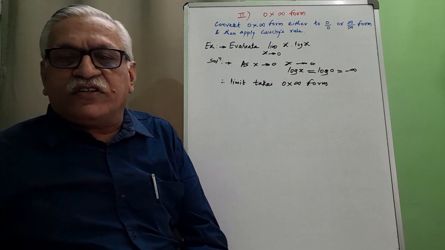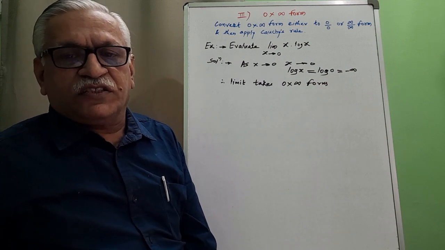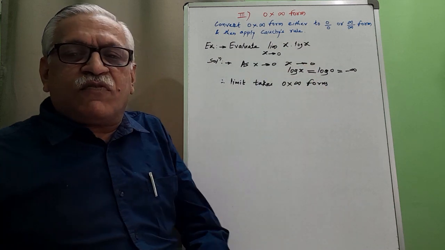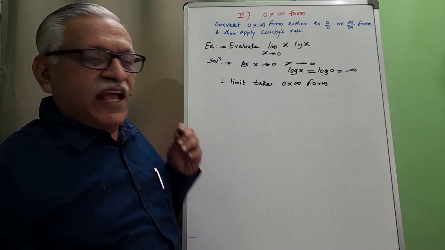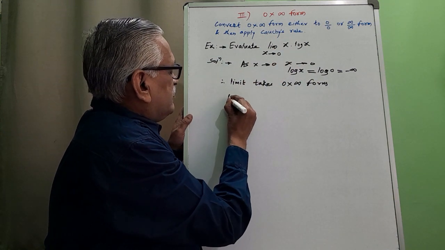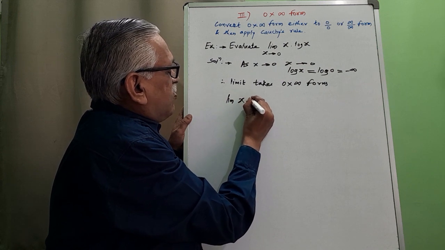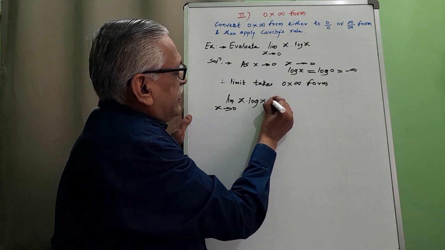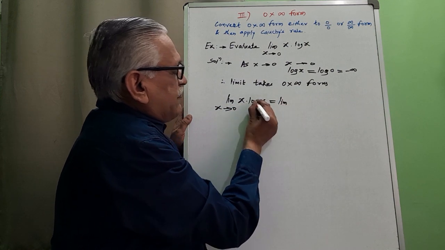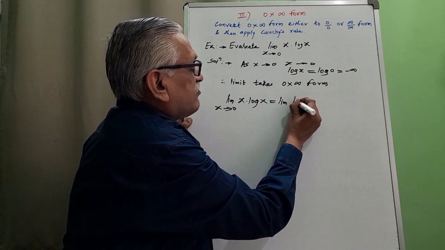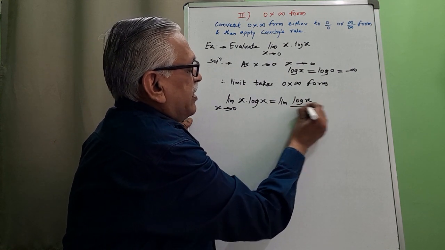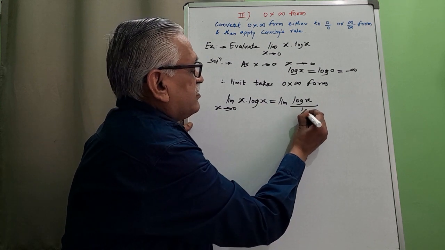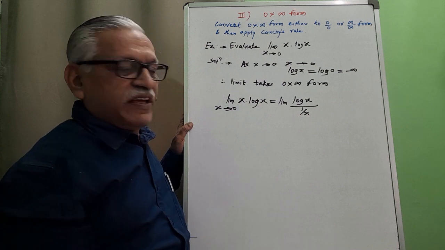And as we get 0 into infinity form, either we have to convert it into 0 by 0 form or infinity by infinity. Remember as a rule, whenever the term of log x is there, we keep that log x as it is. Therefore, that limit of x into log of x as x tends to 0, I can rewrite that as limit, keeping log x as it is, and then that x I will transfer to denominator as 1 by x so that we get the original term x.